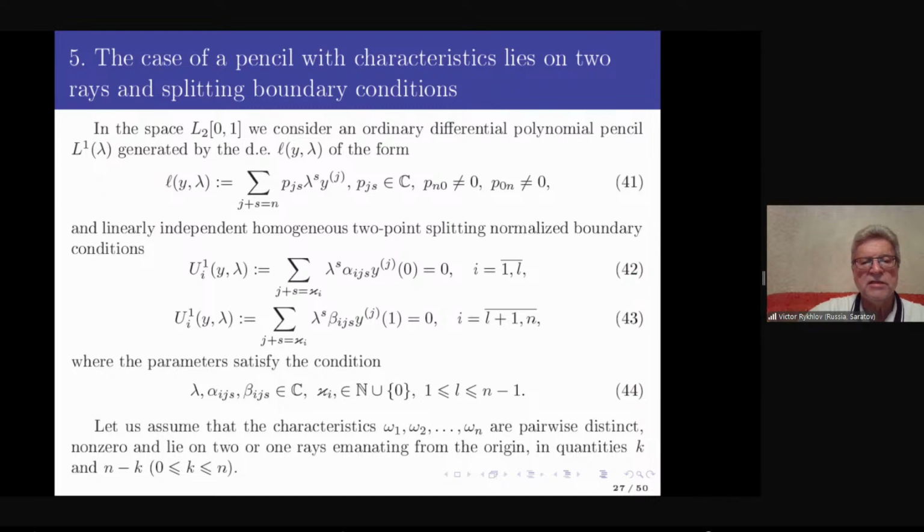Let us assume that the characteristics omega 1, omega 2, and so on, omega n are pairwise distinct, non-zero, and lie on two or one rays emanating from the origin in quantities k and n minus k, k from 0 to n.